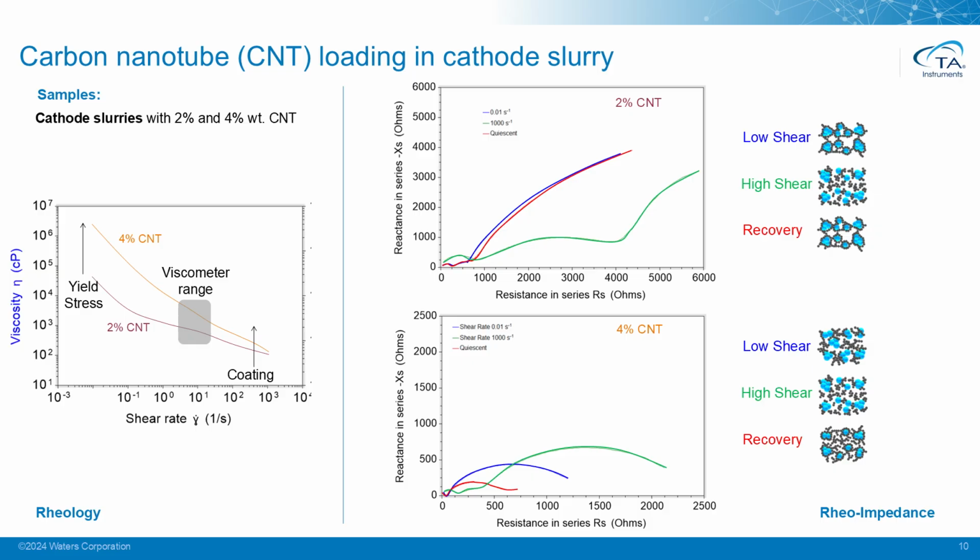But for the 4% CNT sample, we would have maybe drawn completely wrong conclusions, because due to the coating process, the sample changed completely in its dielectric behavior, and we get a different response of the sample. So there it's important to combine these two methods with one another.